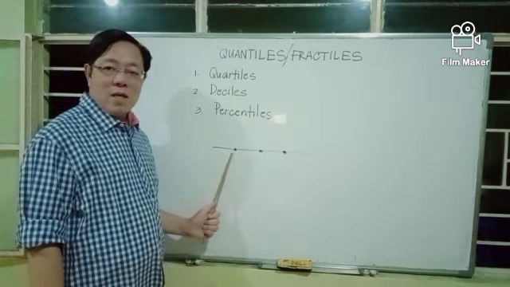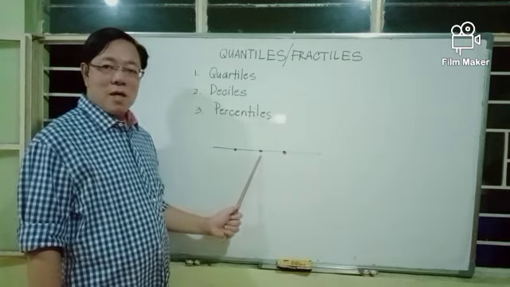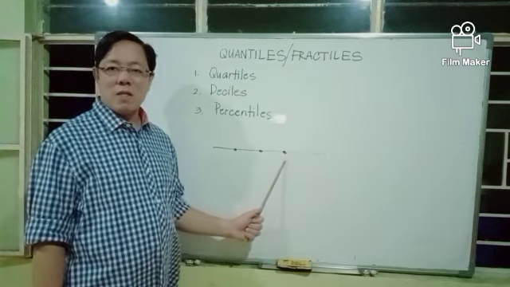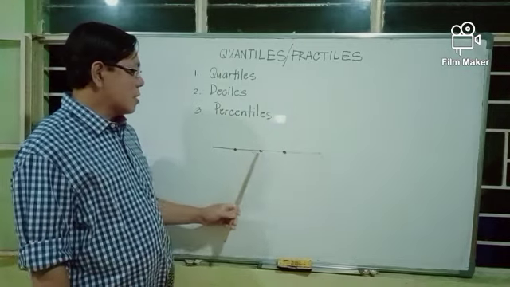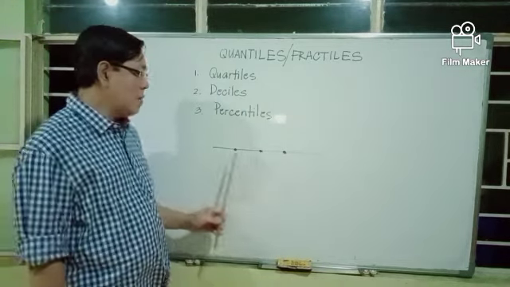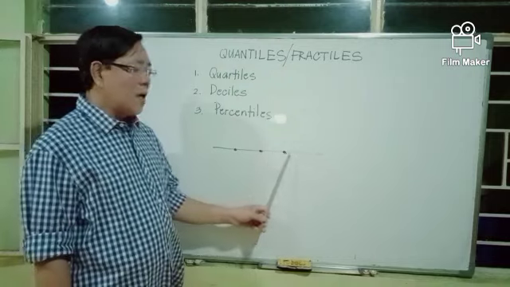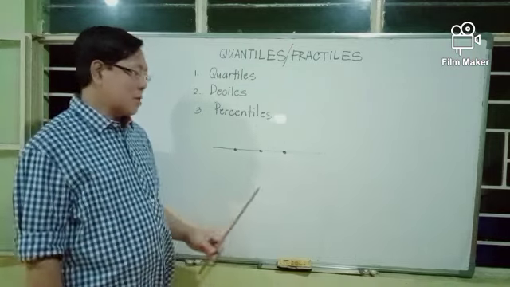So we cut the line at this point, and the second cut at this point, and the third cut at this point. And using these 3 points or 3 cuts, we have divided the line into 4 equal parts.